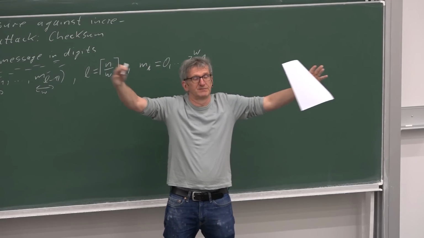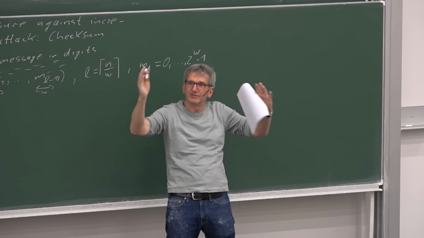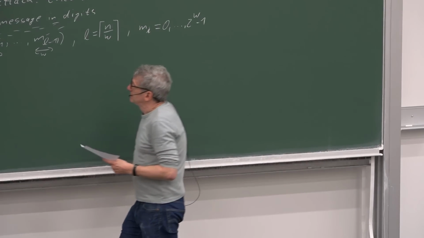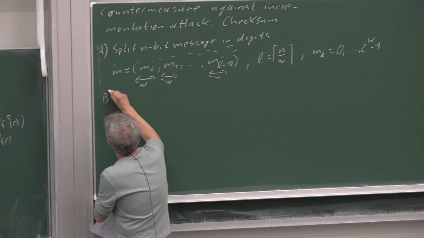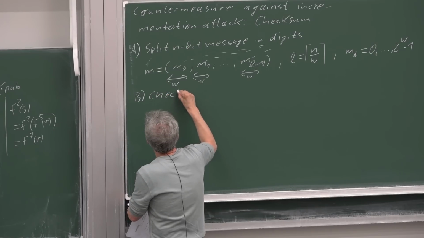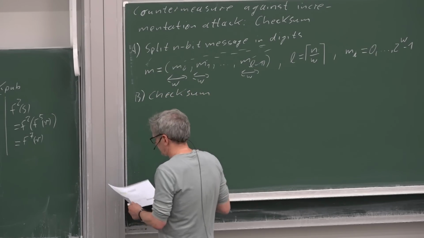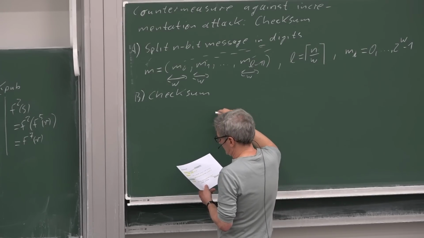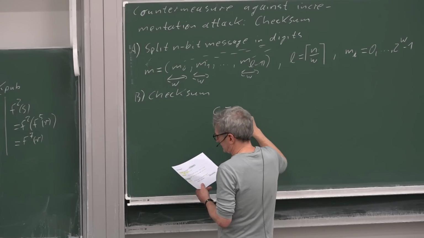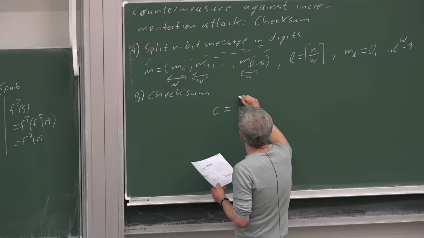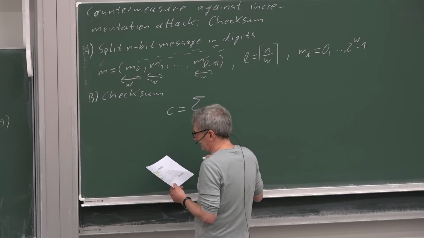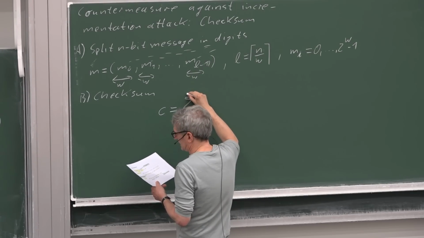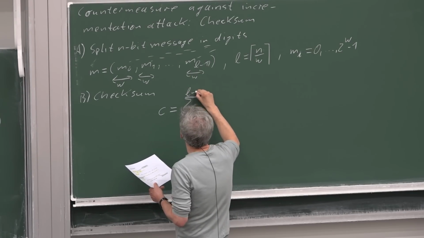So this is, if you wish, formatting, right? We end up with this long bit file. We separate it in chunks, and these are the parameters. Now we do the important thing, checksum. We compute a checksum. Namely, C is the arithmetic sum, running from 0 up to L minus 1.